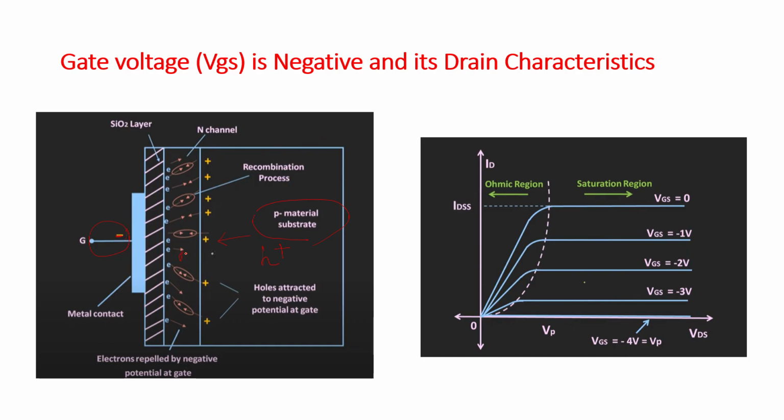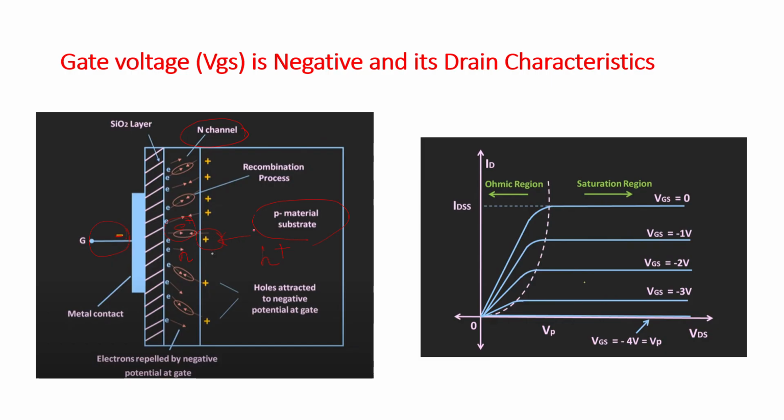And this channel is made up of N-type, in which electrons are the majority charged particles. So these electrons and the holes that were attracted will combine. The recombination of electrons and holes takes place with this negative gate voltage.